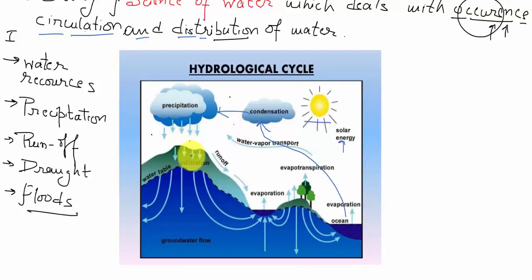So after the rain, this is our earth surface. Here there will be two things: the water falls here, then either it may run off, which means it goes along the slope, or it may come down into the earth surface.